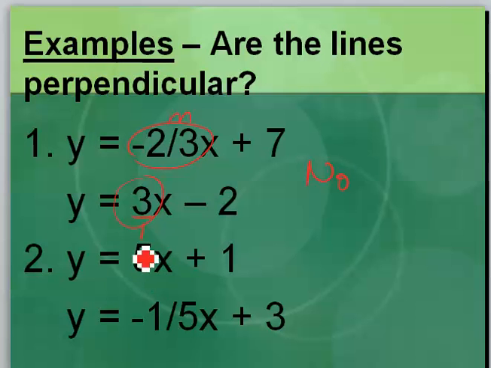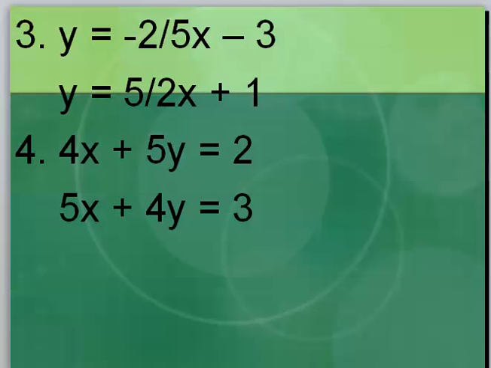For number 2, the slope of my first line is a positive 5 over 1. The slope of the second line is -1 over 5. Because one is positive, one is negative, and they're reciprocals, 5 over 1 and 1 over 5, yes, these are perpendicular. Number 3, the first line is y equals -2/5 x minus 3.